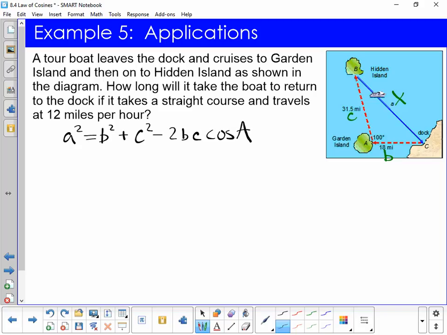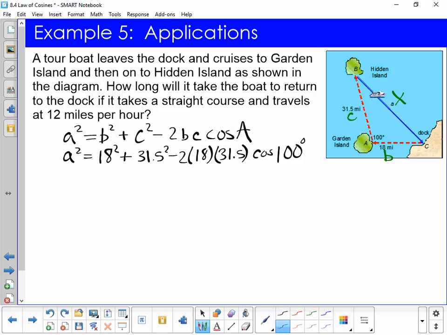All right, if we put in the stuff we know, we have a squared is equal to 18 is b squared, 31.5 is c, that's going to be squared, and we have to use the b and the c again. And that's multiplied by the cosine of angle A, which is 100 degrees. Now this is our really straightforward case. It's pretty easy to use the law of cosines to find a missing side.